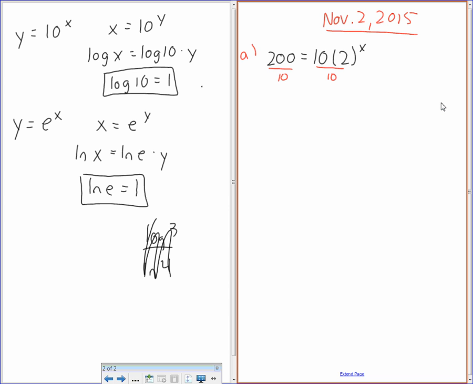That's 20, is that right? Can someone other than Matt explain to the class why that actually had to happen? Because we only want a base and a variable, and that equals a number. That's the only way logarithms work to solve it.